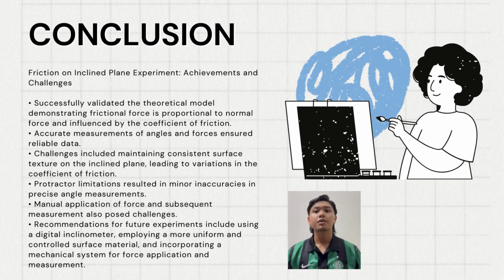Challenges included maintaining consistent surface texture on the inclined plane, leading to variation in the coefficient of friction. Protractor limitation results in minor inaccuracies in precise angle measurement. Manual application of force and subsequent measurement also pose challenges.